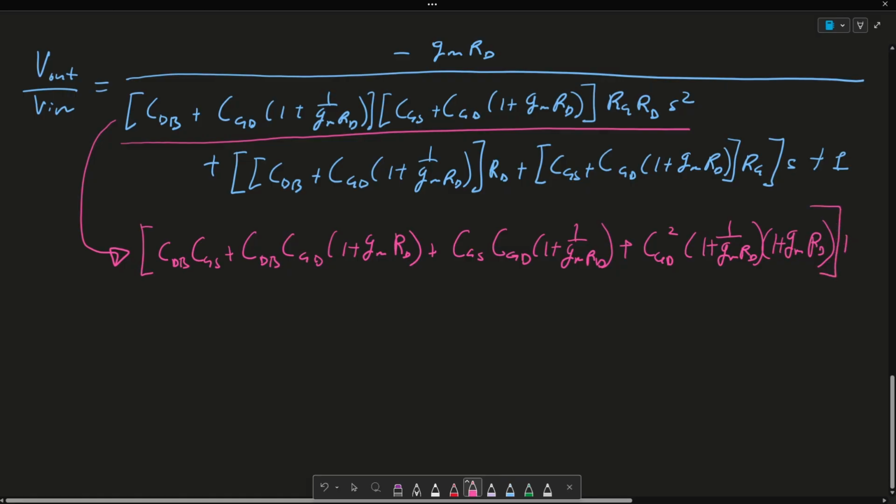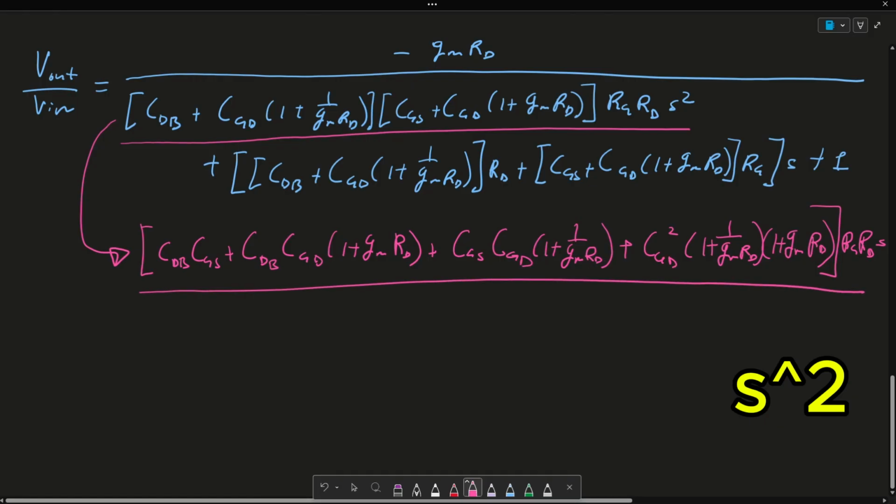Close that. And this is RG RD S squared. I hope this makes sense, how we get this.